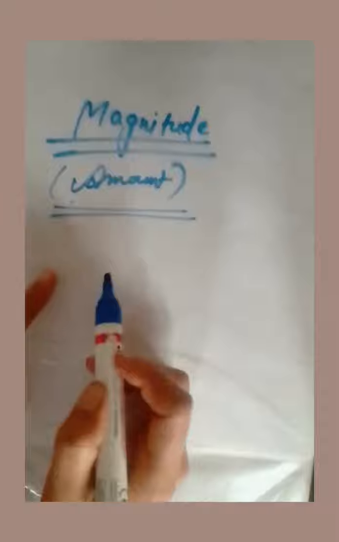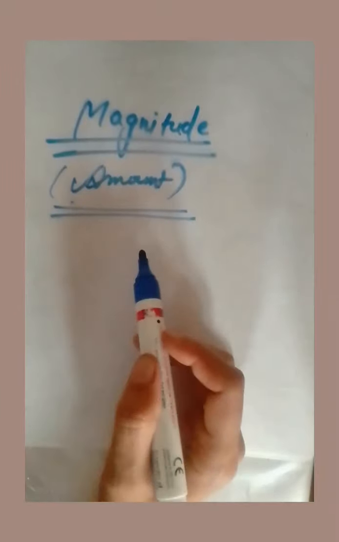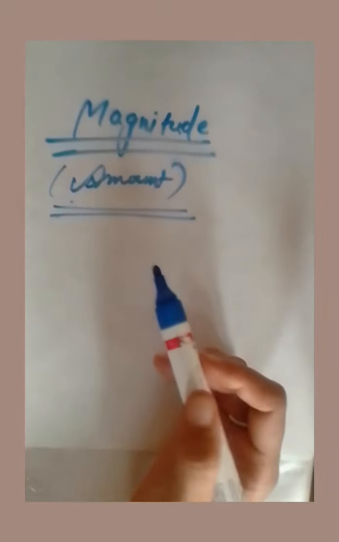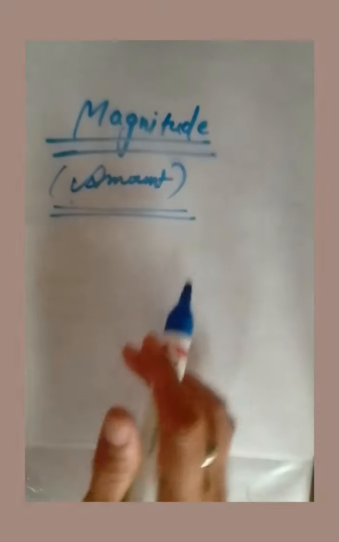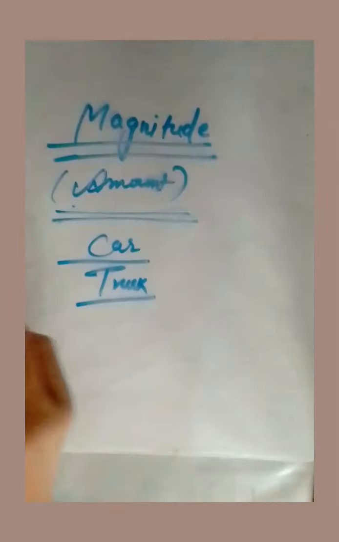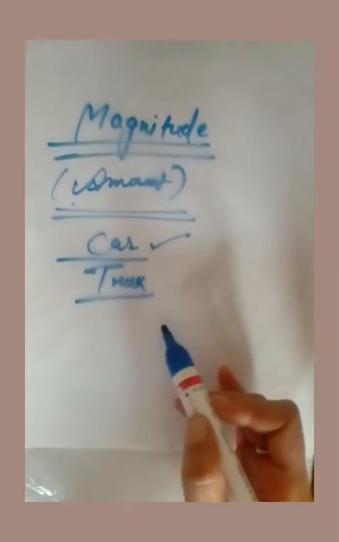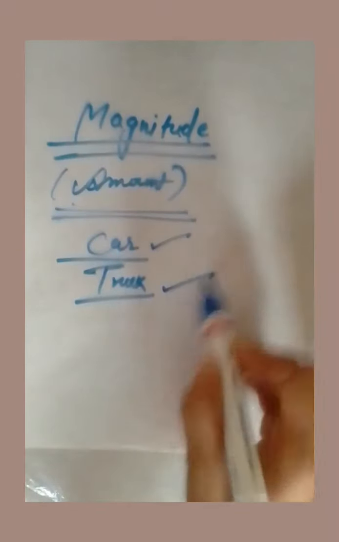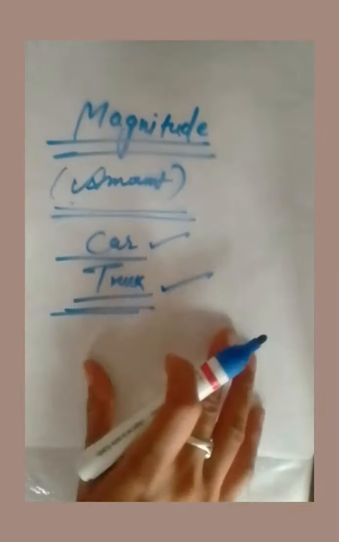Another example that is also given in the book: suppose a car and a truck are parked on a straight horizontal road. The car will be of lighter weight and the truck will be of heavier mass.